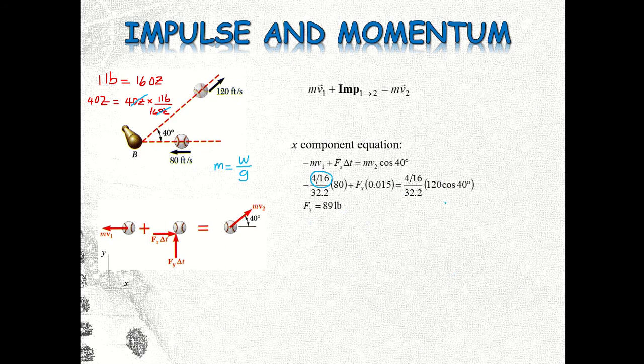We have cosine 40 here because we're just considering the x component, the horizontal component of this. If you have a triangle, something like this, we have here the angle, which is 40 degrees.